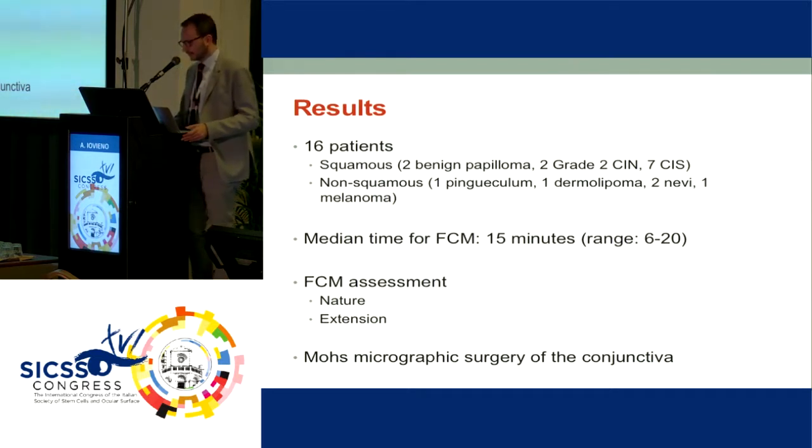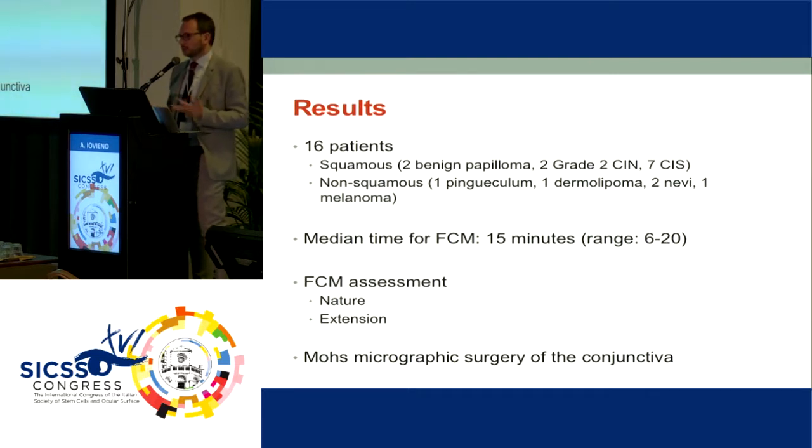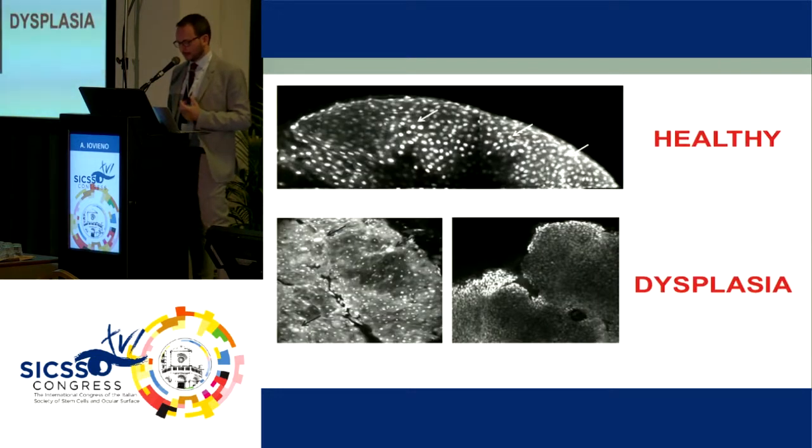We have included squamous and non-squamous lesions. And we have observed that in 15 minutes' time, we could get a response with 100% agreement with the successive methodology as to the nature and the extent of the lesion. So this might be used for micrographic surgery of the conjunctiva.